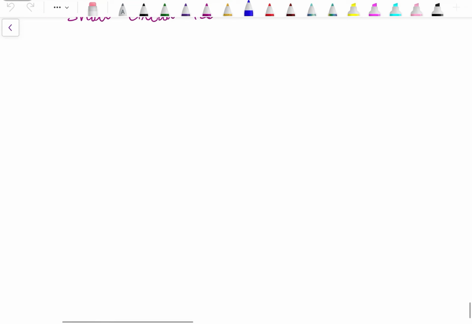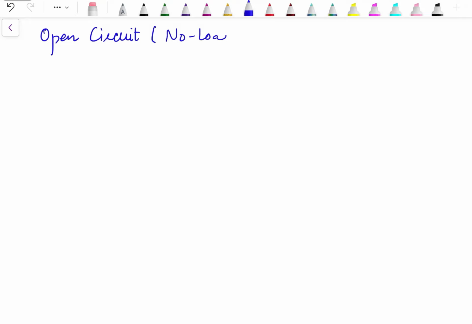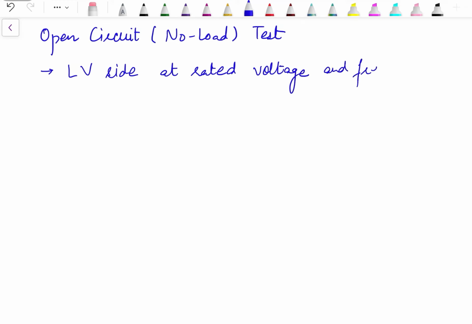So I'm starting with the open circuit or no load test. This open circuit test is actually performed on low voltage side at rated voltage and frequency.